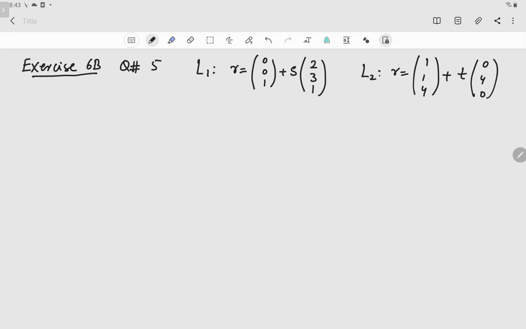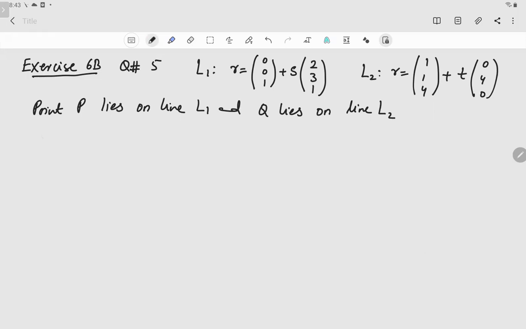And they say that the point P lies on line L1 and Q lies on line L2.